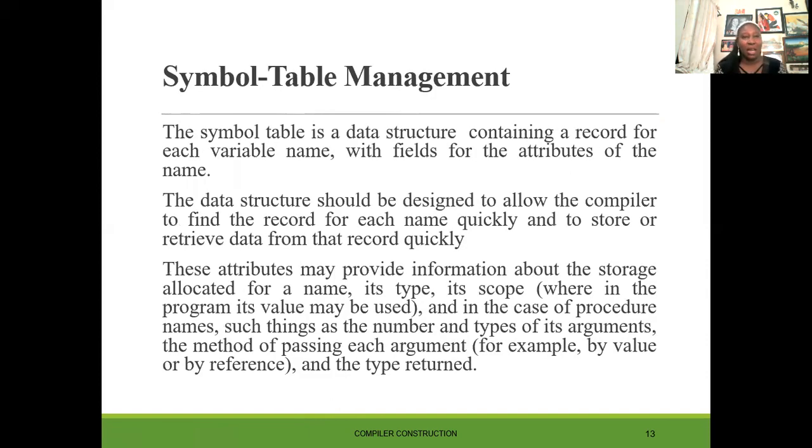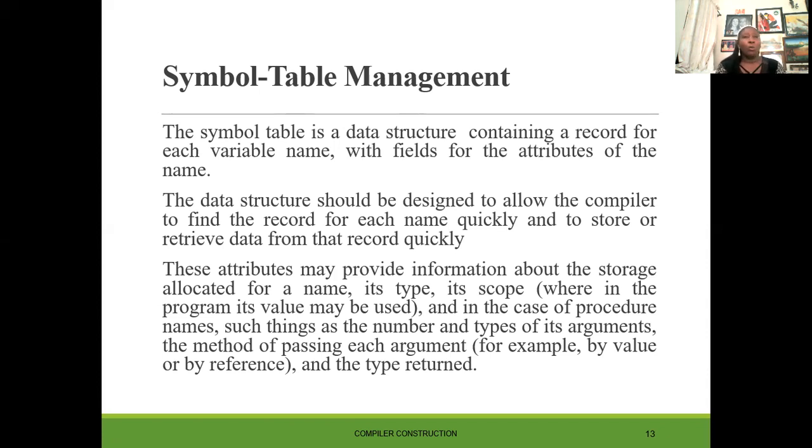Now, don't forget that in all of these processes that we're going through, we have a symbol table representation. And the symbol table is simply a data structure that contains a record of every variable name, not just variable, every name that we're using, whether we're using it in a function, we're using it in a procedure, if you're dealing with older programming languages like your Pascal programming language.